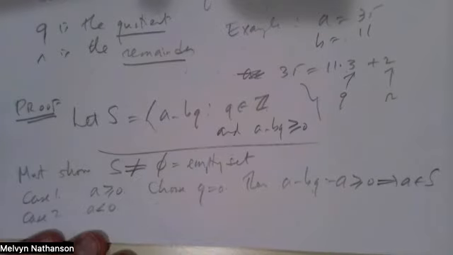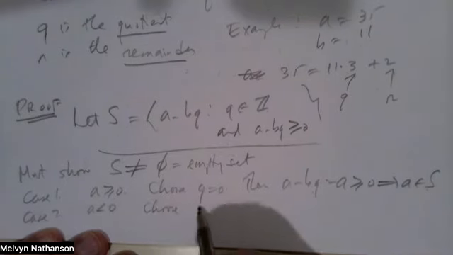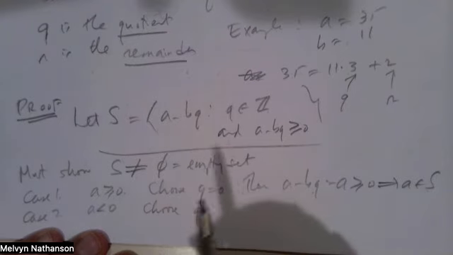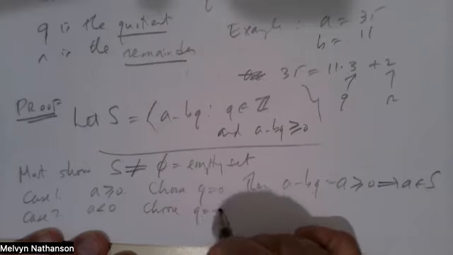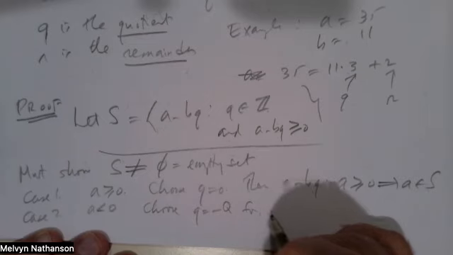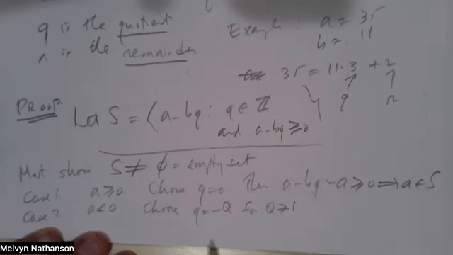Right? So if A is negative, in this case, choose Q to be a negative number. Let's say we choose little q to be equal to minus capital Q, for capital Q greater than or equal to 1.